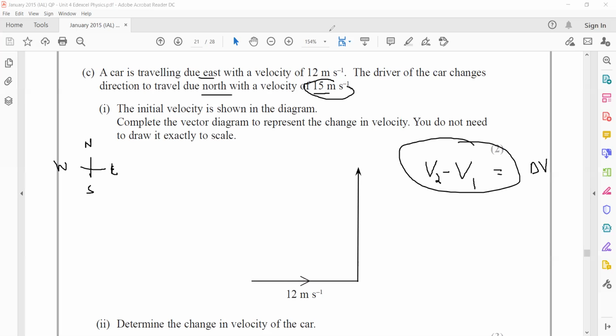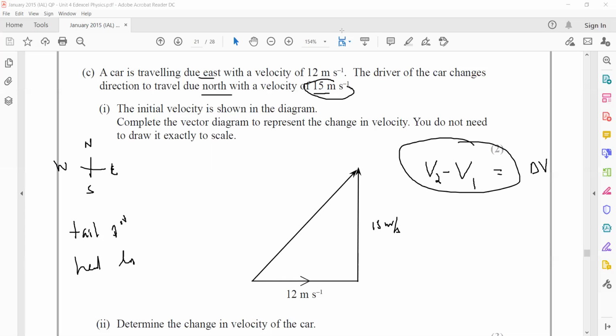If I need a resultant according to the vector addition rule, the resultant is always from the tail of the first to the head of the last. So I will draw a resultant like this.